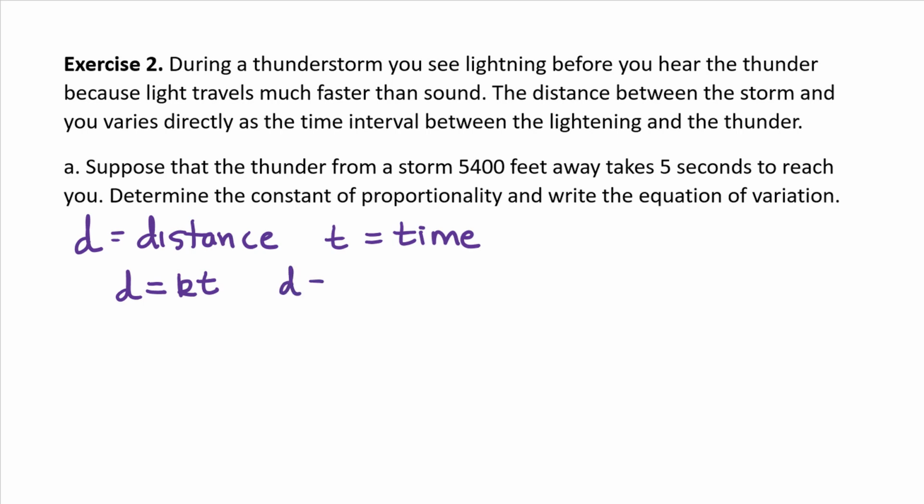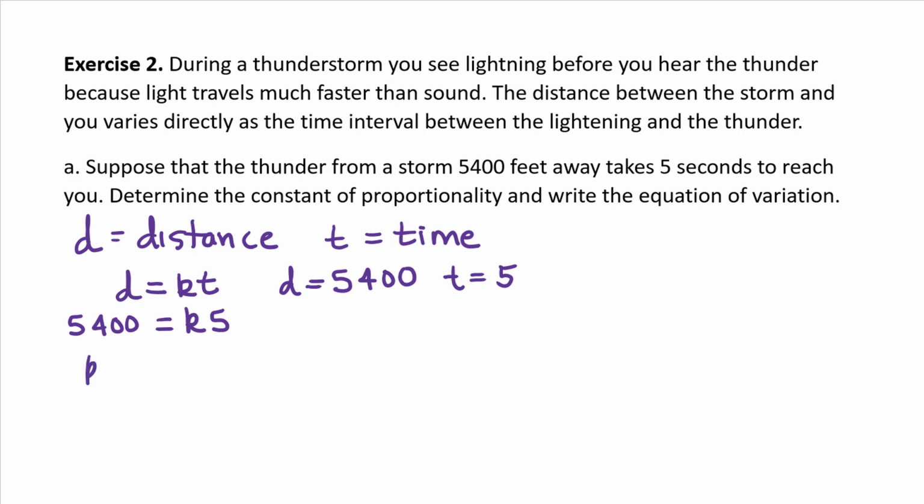We are given a measurement that d is 5,400 feet and that t is 5 seconds. In order to solve for k, we will replace the d with 5,400, have k, and the time will be 5.